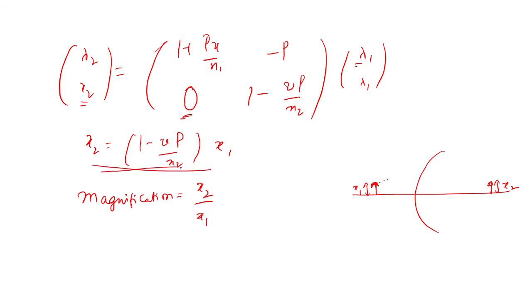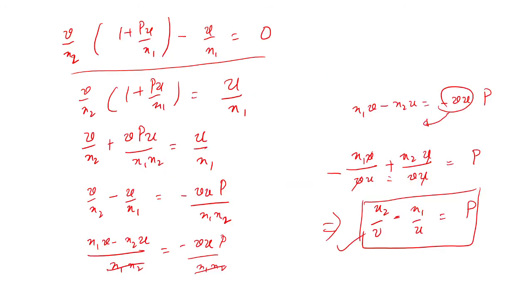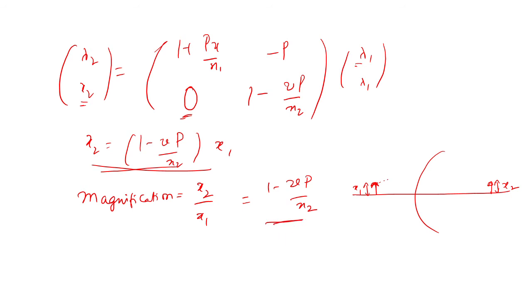And from this equation, it is simply 1 minus vp by n2. And if you were to use this other equation, n2 by v minus n1 by u is equal to p, to derive the magnification, then you would get magnification as n1 v by n2 u, or it is 1 minus vp by n2.